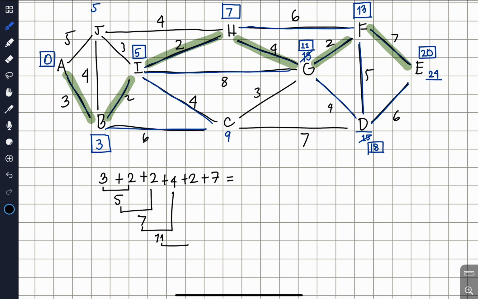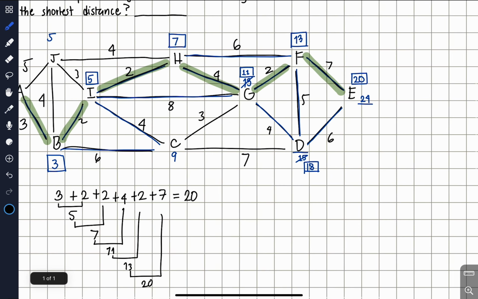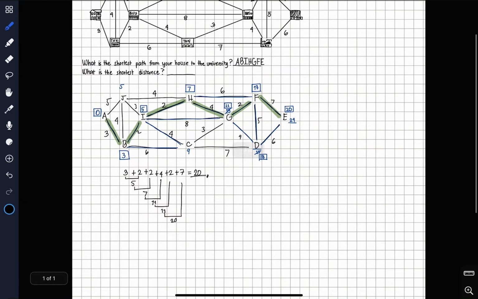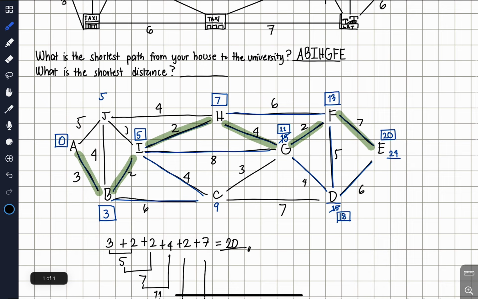Then 11 plus 2 is 13. And finally, 13 plus 7 is 20. So just like what we've calculated earlier, from E we have 20. We also have 20 here. So we can now say that the shortest distance from our house to the university is 20.